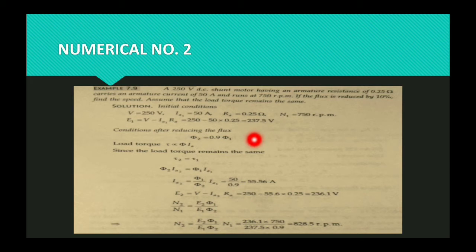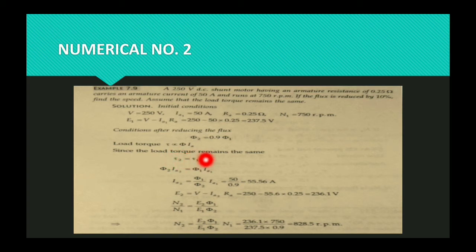In the second condition, the flux is reduced by 10%. So after reducing the flux, phi2 equals 0.9 into phi1, because it is 10% less than the first condition flux, phi1. And from the torque equation, torque T is proportional to flux into armature current, phi Ia.